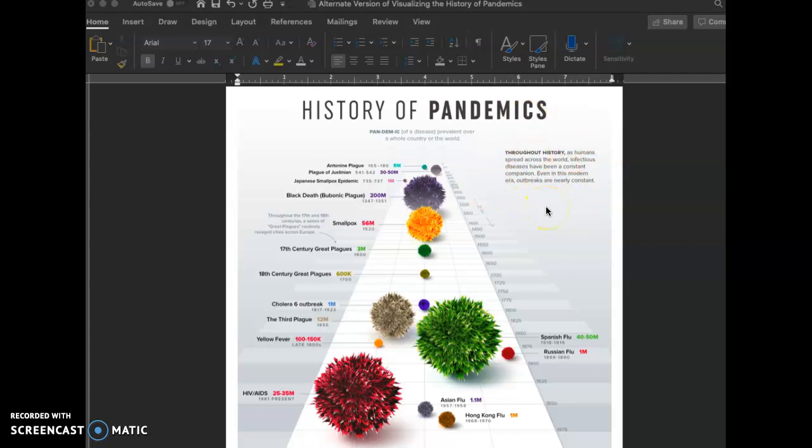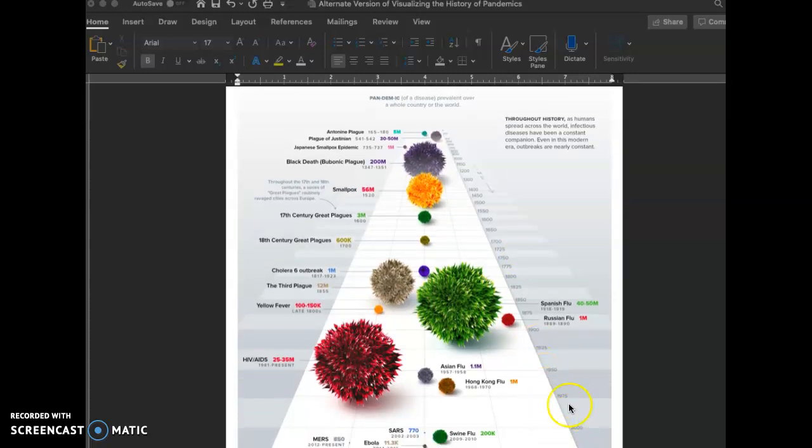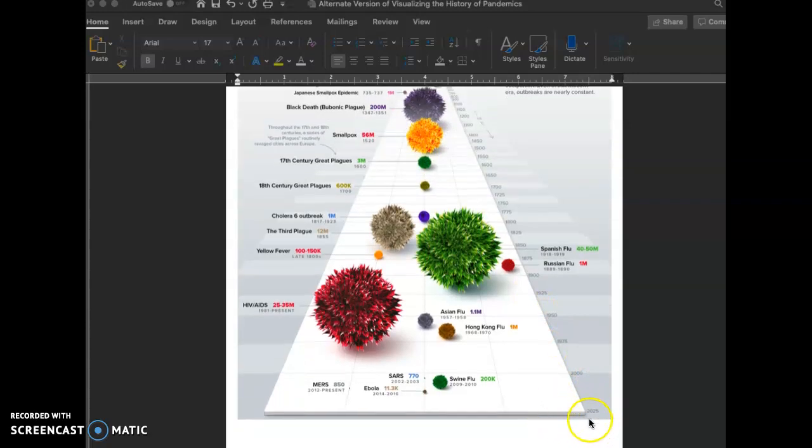We're going to get started with this caption over here. It says, throughout history, as humans spread across the world, infectious diseases have been a constant companion. Even in this modern era, outbreaks are nearly constant. So as you can see here, this is 2025, so 5 years from now.